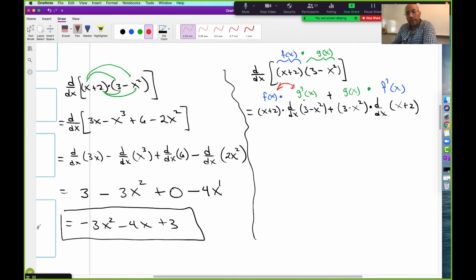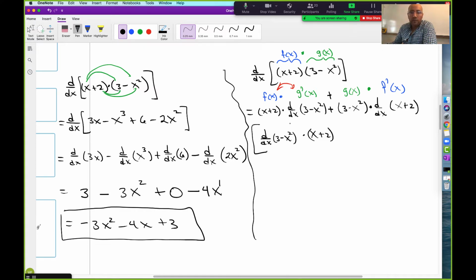Usually we like to write the derivative second, because if I write it the other way around, d/dx of 3 - x² times x + 2, then there's potentially some confusion. Some people might think that this applies to both of them when I'm really trying to say that it only applies to the first one.